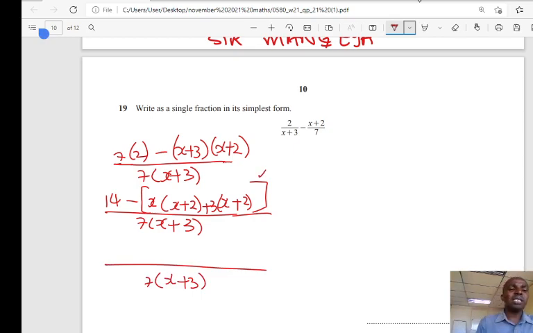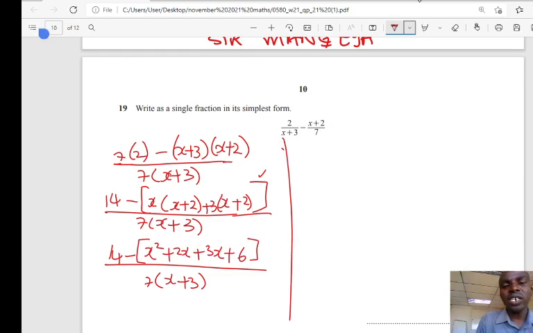Why? Because this minus sign is affecting everything. So I have to deal with what is inside that big bracket first, so that I can apply the negative sign. Take note. Then I maintain my big bracket. It will be x squared plus 2x plus 3x plus 6.